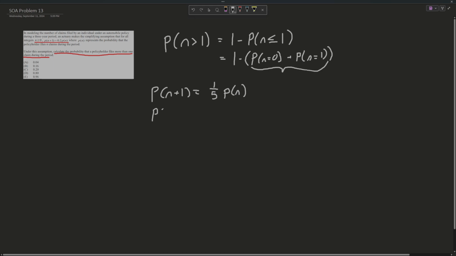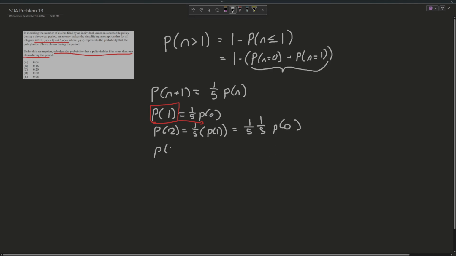So p of 1 is equal to 1/5 p of 0. P of 2 is equal to 1/5 p of 1. But we have our p of 1 right here, so we could plug that in over here, and that is equal to 1/5 times 1/5 p of 0.